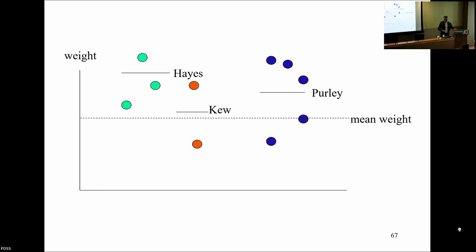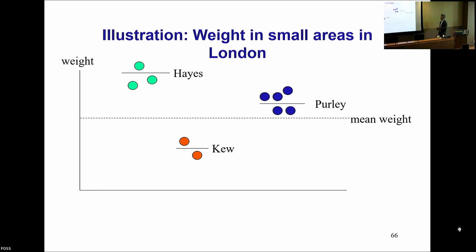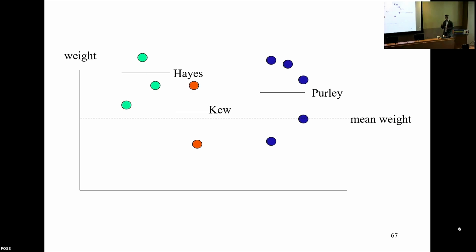So in these two examples, which one do you think is one where the influence of place matters more for weight? We're interested in whether place has an effect on people's weight, and we have these two figures, figure A and figure B. Which of these figures do you think is one where place has a greater influence on weight?